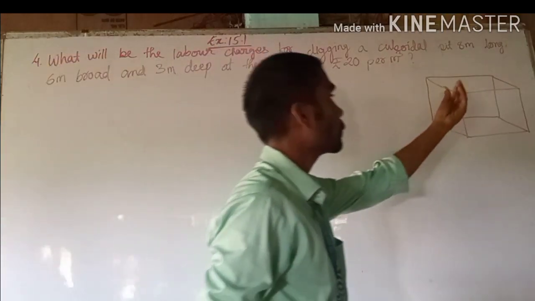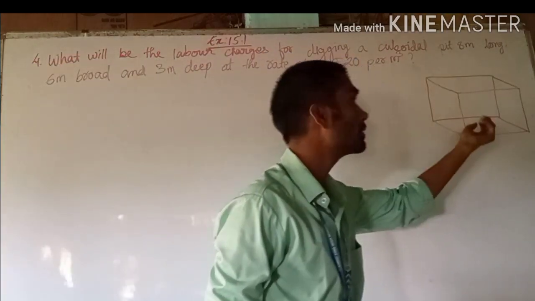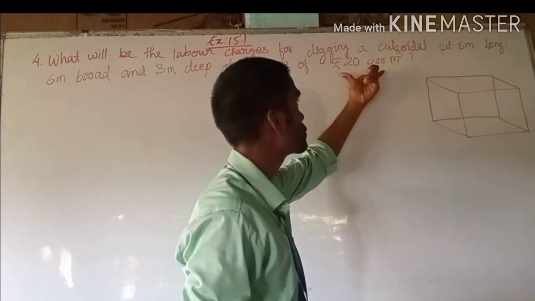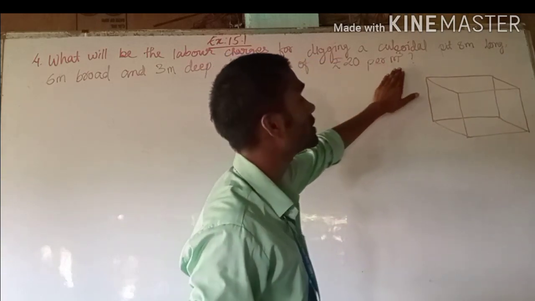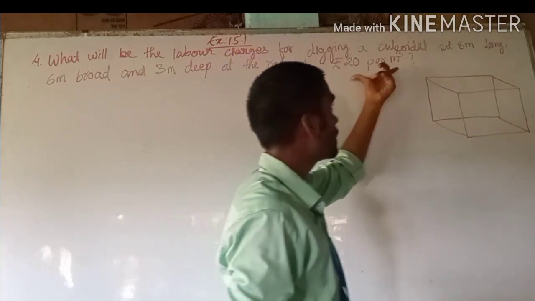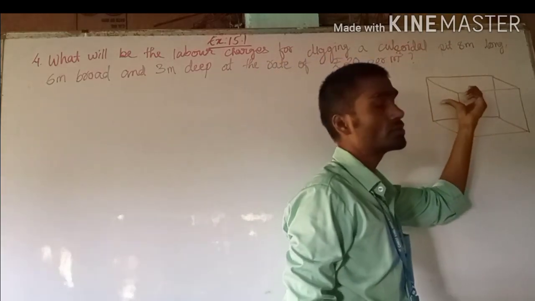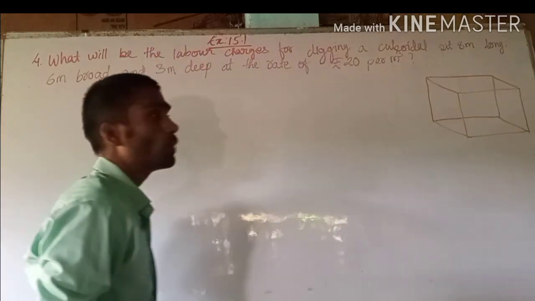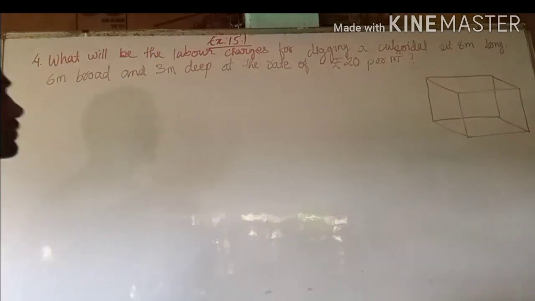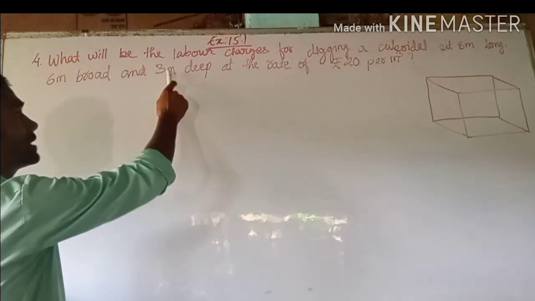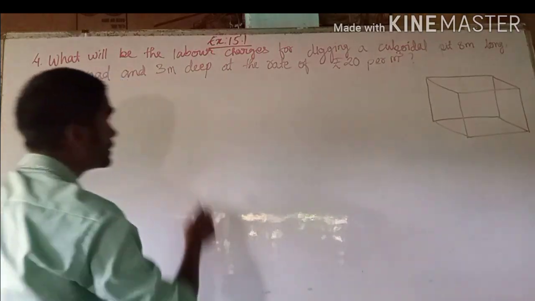For per meter cube, the digging charge is rupees 20. Now what will be the total charge?